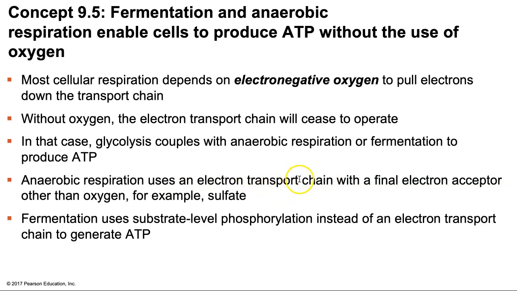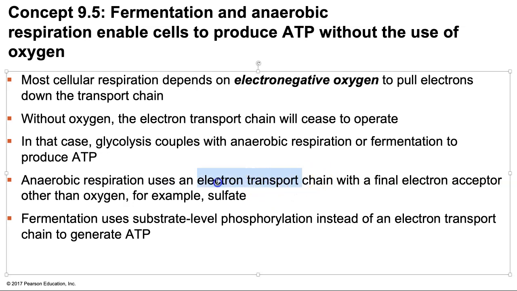So it has a modified type of electron transport chain, because remember, there's no oxygen present, so it has to be a little bit different. Fermentation uses a different type of phosphorylation instead of an electron transport chain to generate ATP.